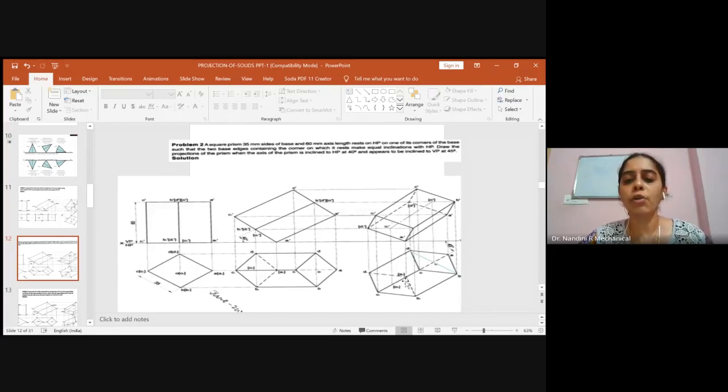All the 4 corners of the base, all the 4 corners of the top, and the centers O1 and O also should be projected. After you take all the projections, you will extend the projection from each corner to the front view. This is on the XY line, so no need to extend. We will extend the projection from B1 dash and D1 dash. O1 dash is also on the same line.